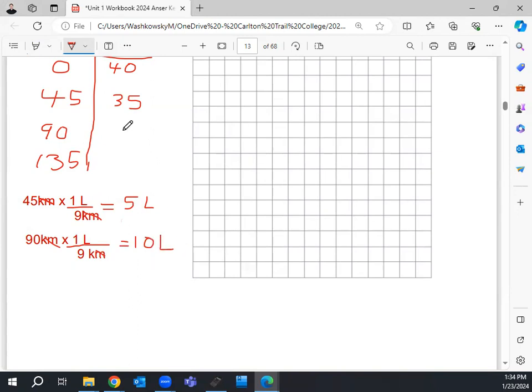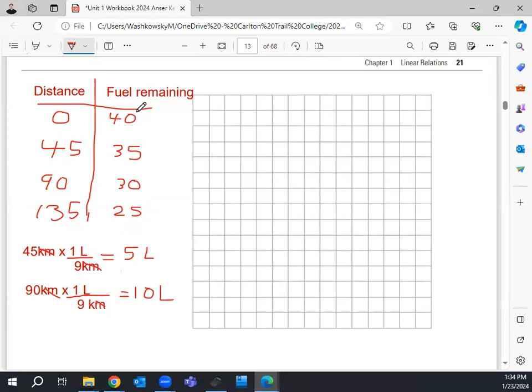Which means how much fuel do I have remaining? 30, not 25, but 30. Because it's 40 minus this 10 liters. I'm not going to write it down in this case. You would end up with 25 liters left over.